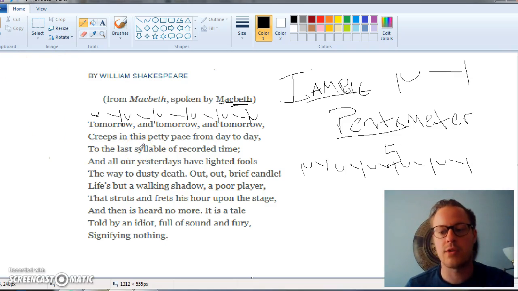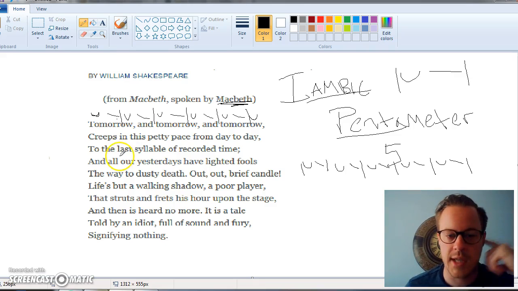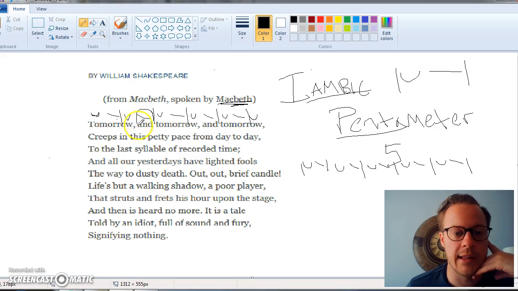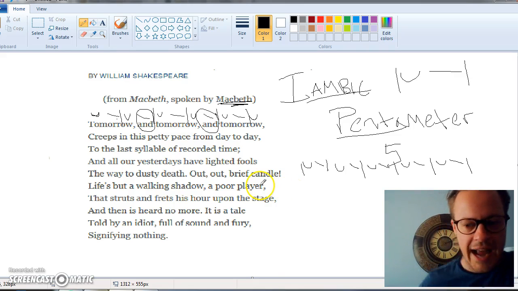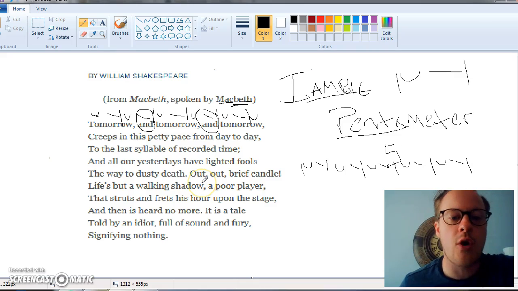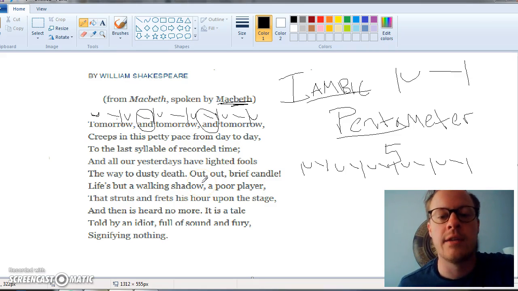I mean, the stresses naturally fall on the "tomorrow," where they would fall just if you were to say the word. But what's interesting here is Shakespeare highlights these ands. So it actually would read "tomorrow and tomorrow and tomorrow."